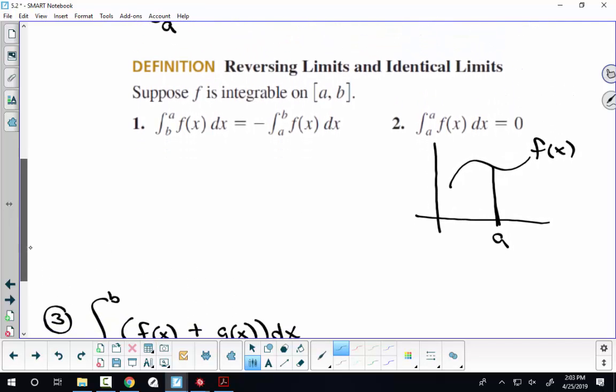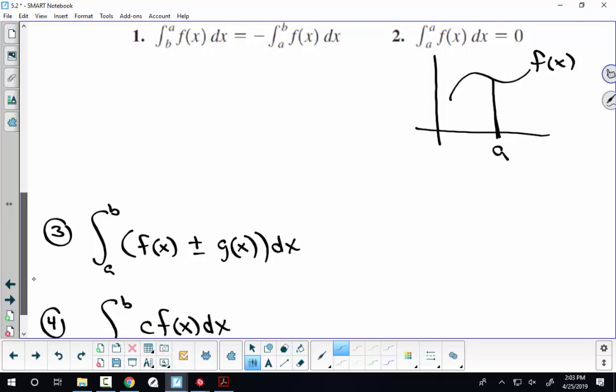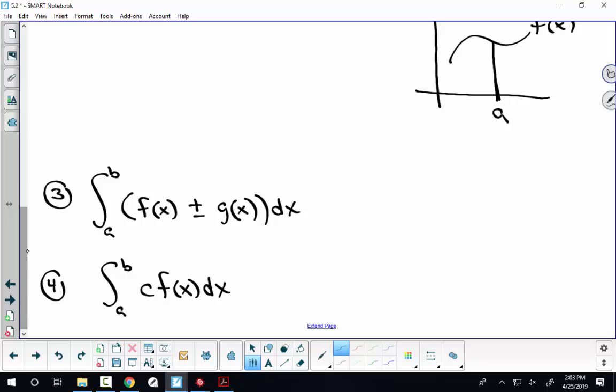The other properties that aren't mentioned are directly related to our summation properties. Because remember, this integral from a to b with respect to x is nothing more than a sum. It's an infinite sum. So the things we can do when we add stuff together is what we can do when we take an integral from a to b of something. So if we have the integral of a function plus or minus another function, then just like with the sum, with the limit, with the derivative, those things got distributed through.